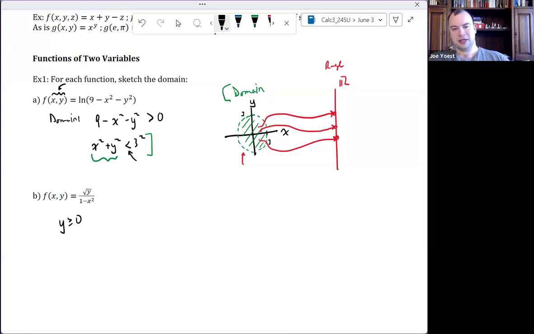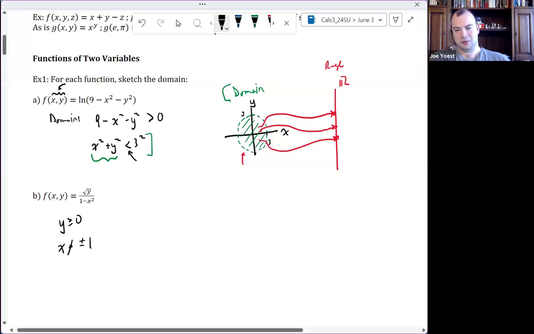And for x, well, I can't have a denominator of 0. So when is 1 minus x squared equal to 0? Well, that's whenever x is plus or minus 1, and I do not want to include those in my domain. So these are my two restrictions for my domain.